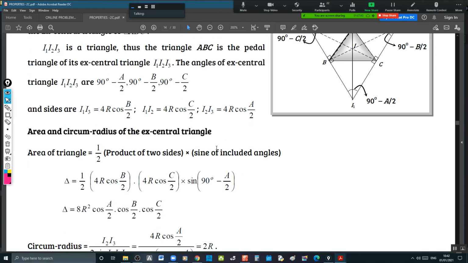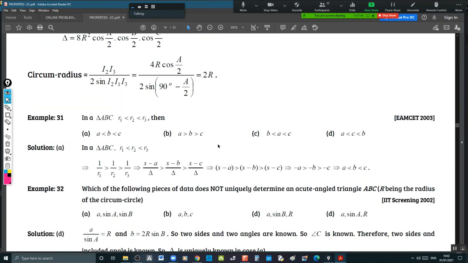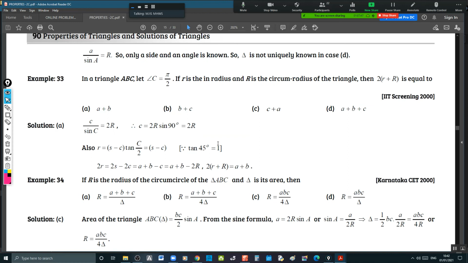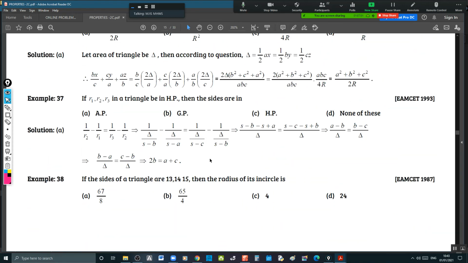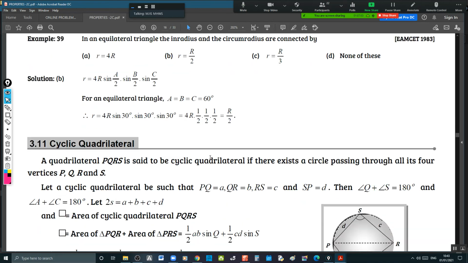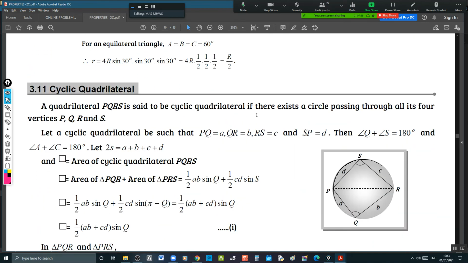That's it. So, let's move on to the problems. I think that is cyclic quadrilateral. I need not discuss it, because you know that a cyclic quadrilateral is a quadrilateral for which a circle passes through all the vertices. This is called a cyclic quadrilateral.